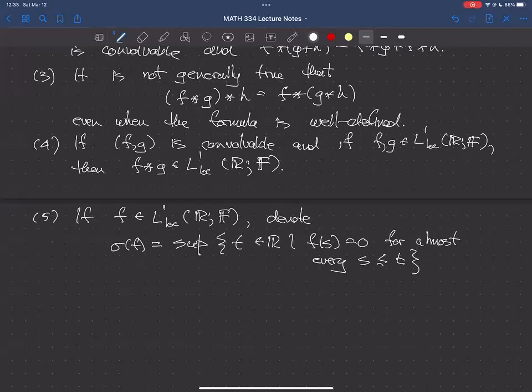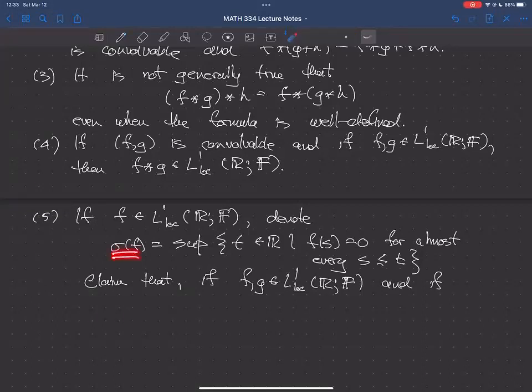All right, so what I claim is that if f and g are locally integrable and if they have support which is bounded on the left, so that means that this quantity is not equal to minus infinity. Okay, so if sigma of f and sigma of g are greater than minus infinity.